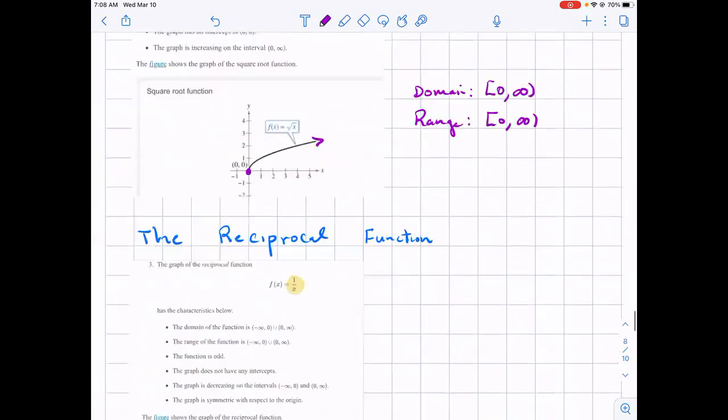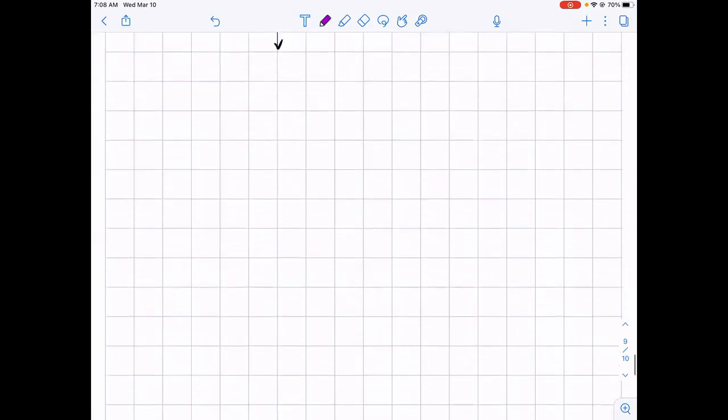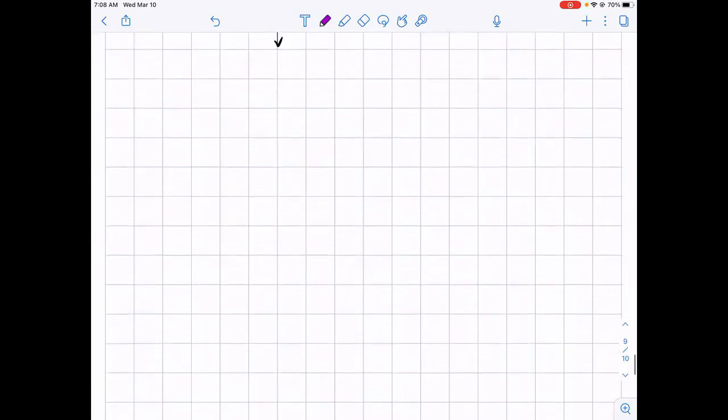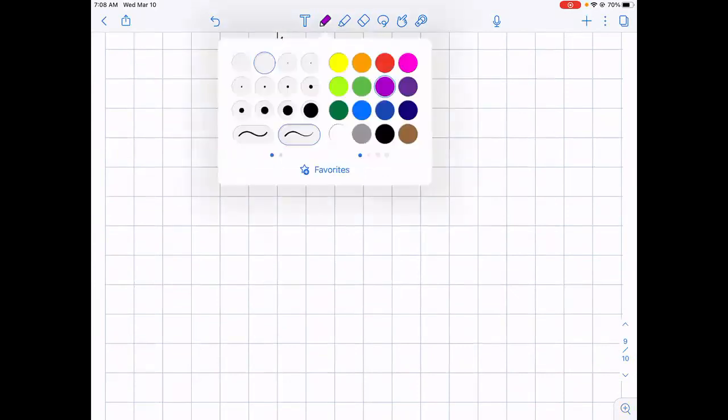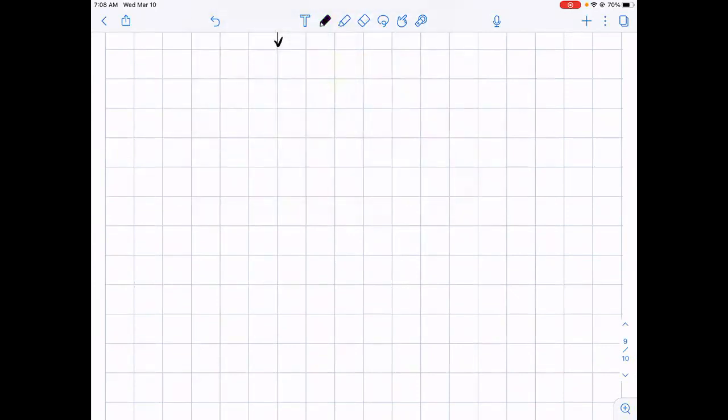And let's look at one more. Oh, sorry, the greatest integer function, okay? The greatest integer function, also known as the step function. So we have the step function, and we call that also the greatest integer function.